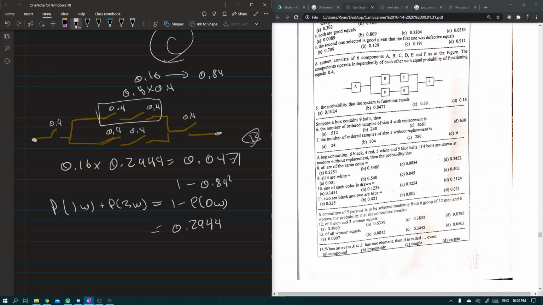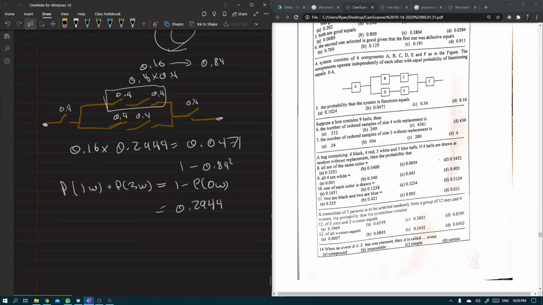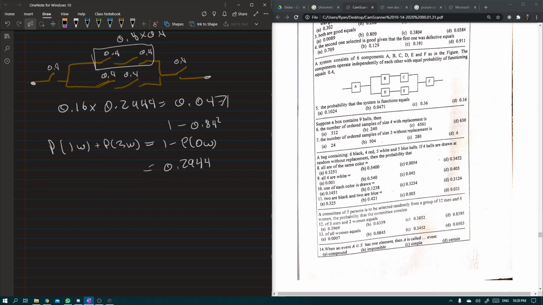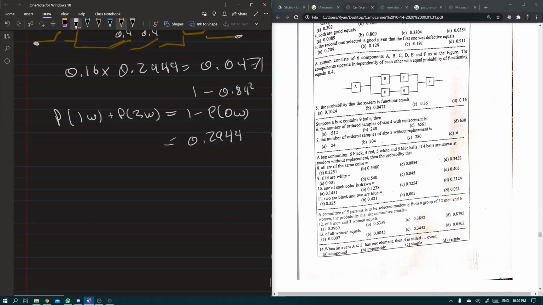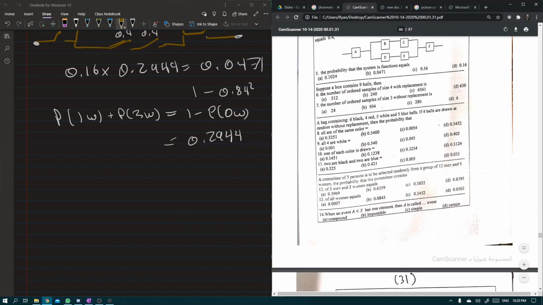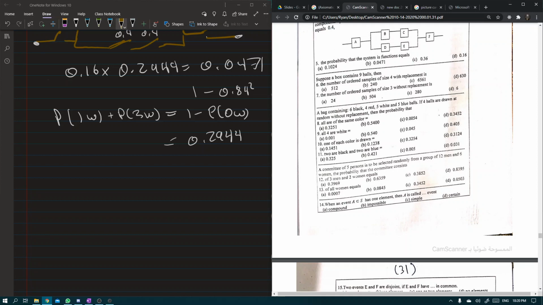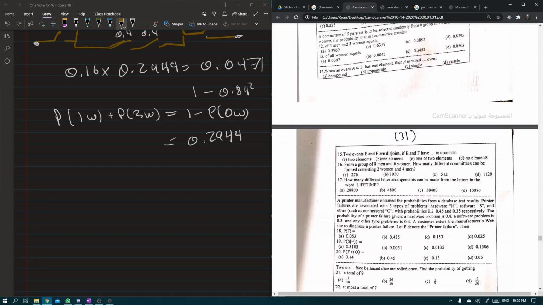To be honest, you just need to try solving it on your own. If you don't understand it, try doing it on your own. Disjoint sets.